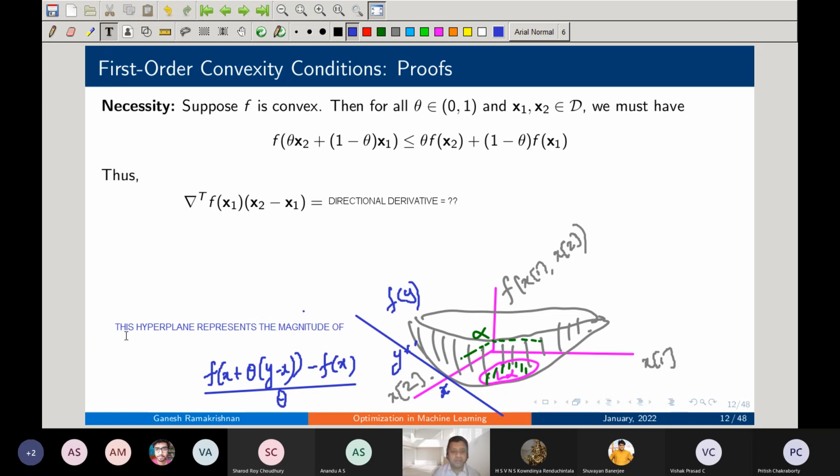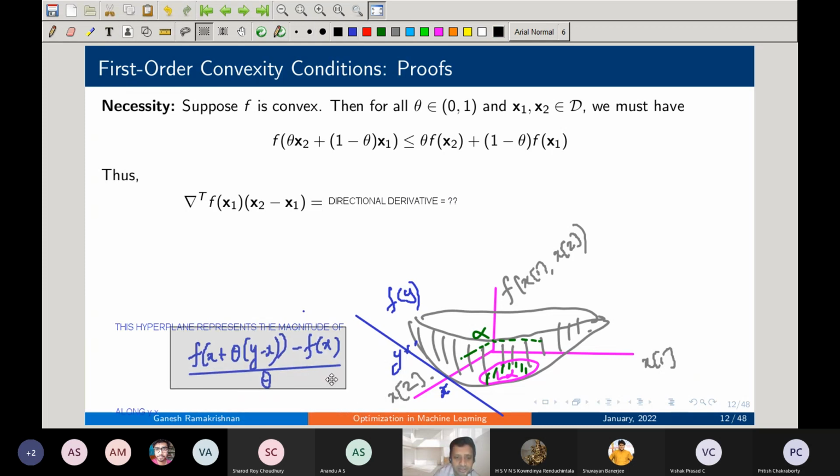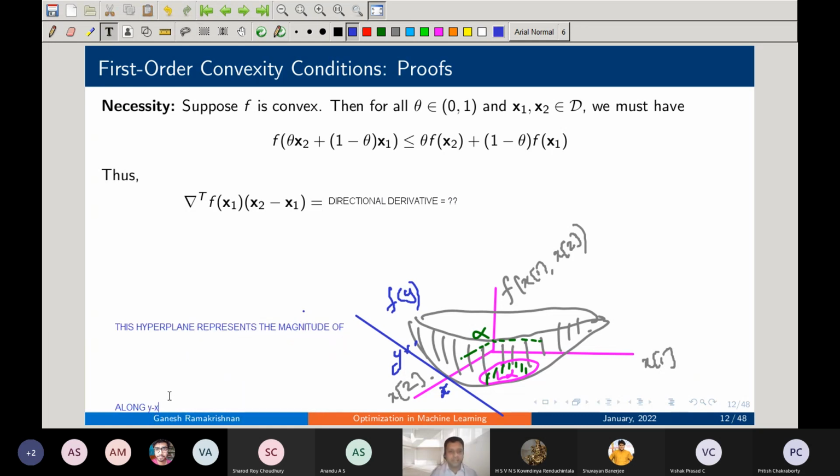This particular expression, along the direction y minus x. Okay, so this is what we need to get. This is with theta tending to 0, so I can put a limit as theta tending to 0 here.